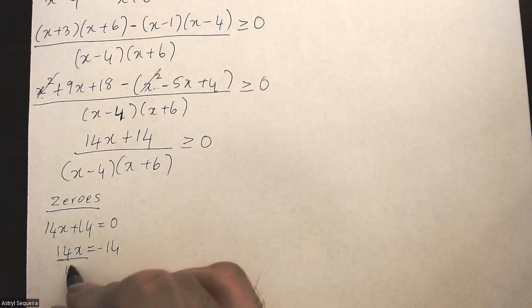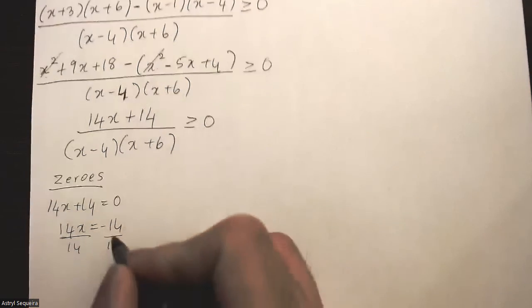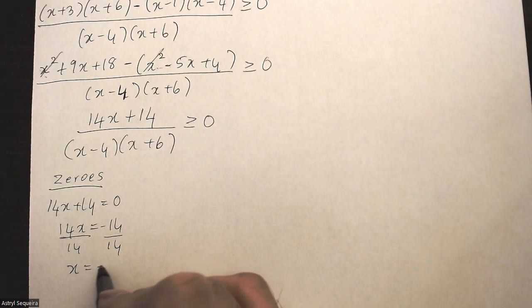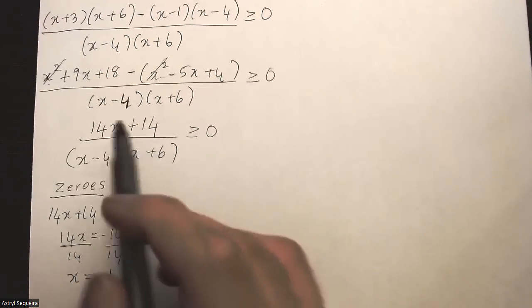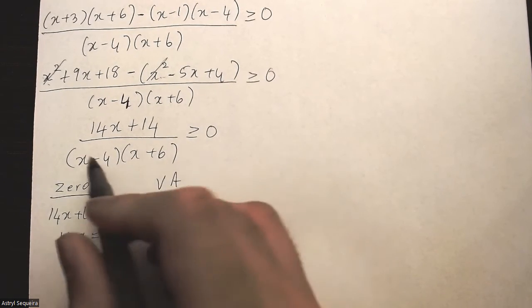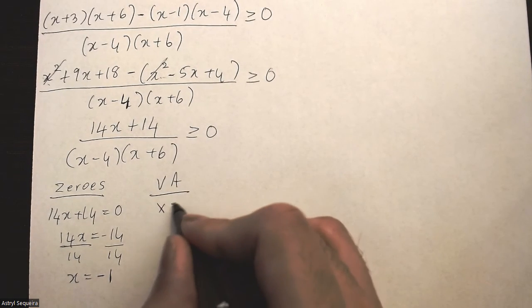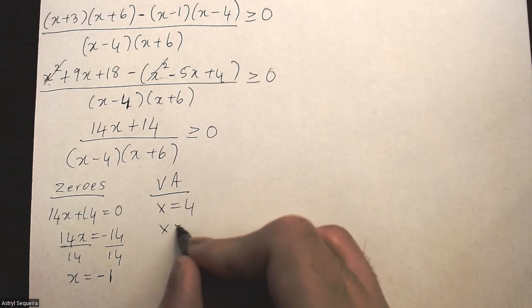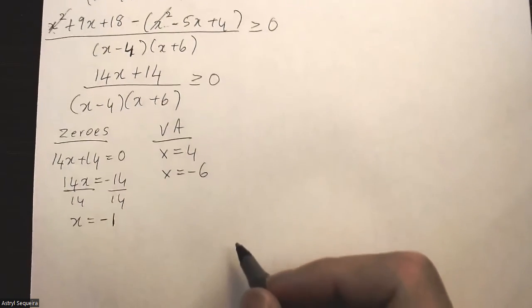Divide by 14 on both sides. So my zero is x equals -1, but you should be able to tell that instantly. My vertical asymptotes are the solutions to the denominator, which are +4 and -6.